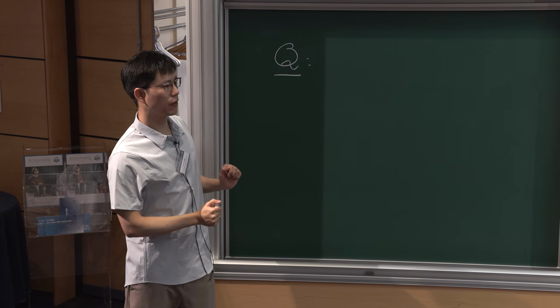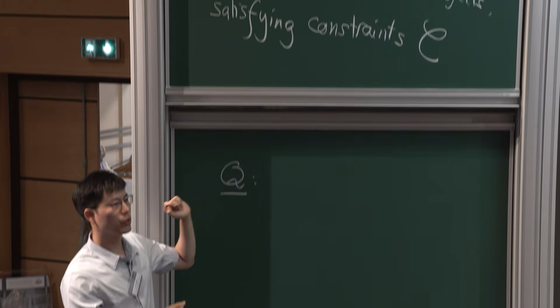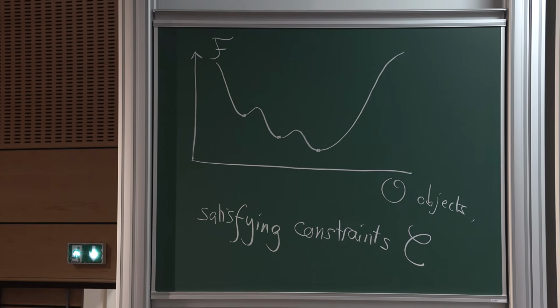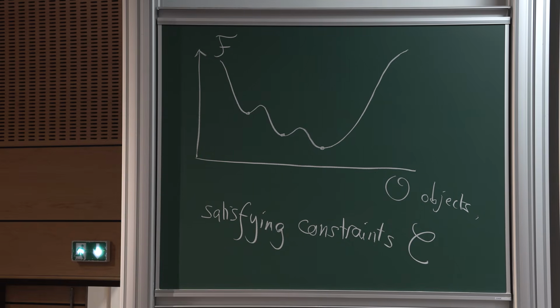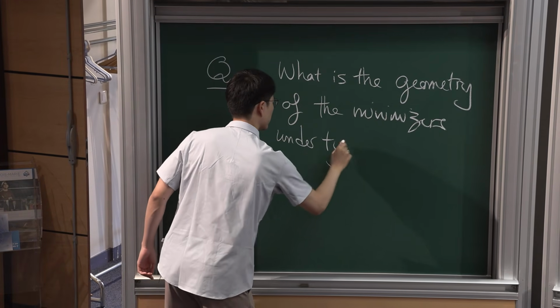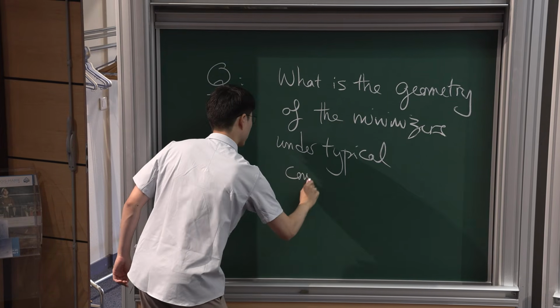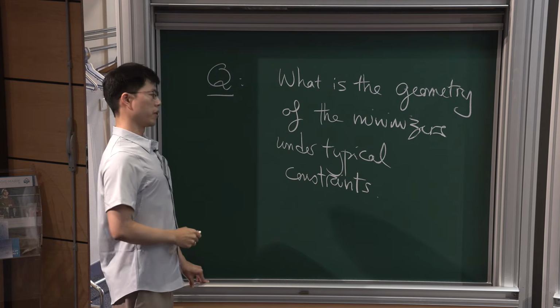It's motivated by the fact that for most interesting choices of F and interesting choices of objects, you're never going to be able to explicitly or completely describe the geometry of the minimizers of F. So here's the question: what is the geometry of minimizers under typical constraints?